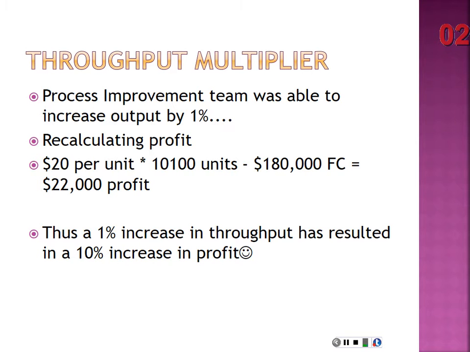Now it becomes $20 per unit times 10,100 units, because that's only increasing it by 100 units, minus the $180,000 in fixed costs. You have a $22,000 profit. So you can see a 1% increase in throughput has resulted in a 10% increase in profits. And so again, that's why they get after that throughput profit multiplier.